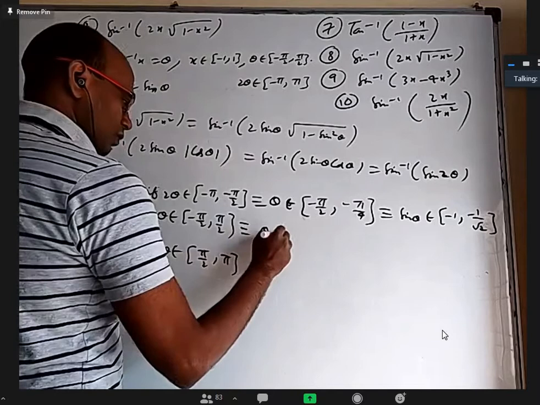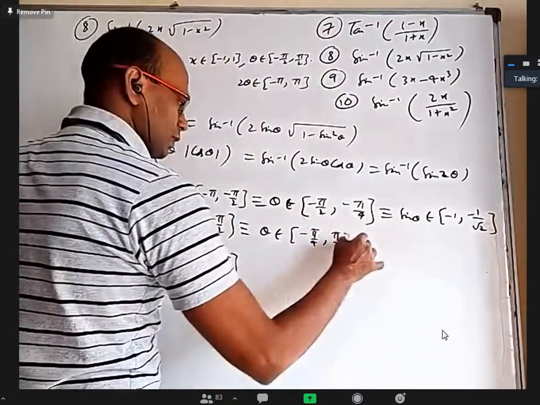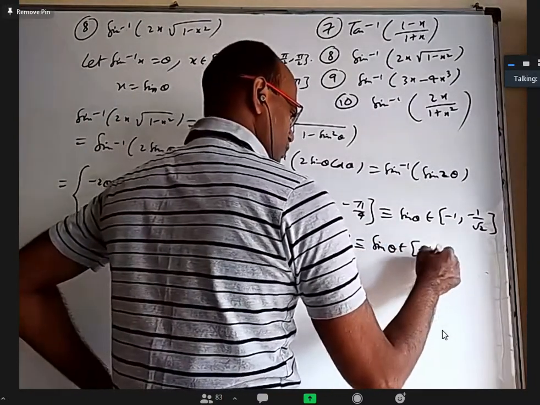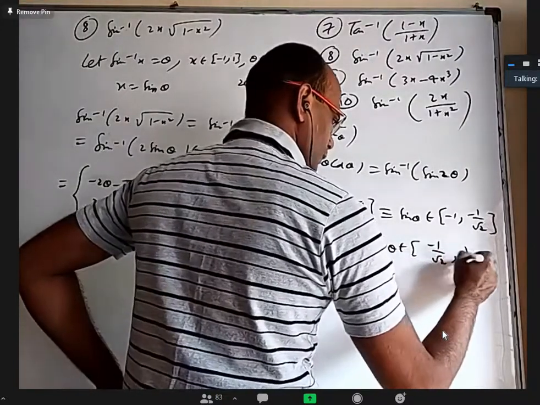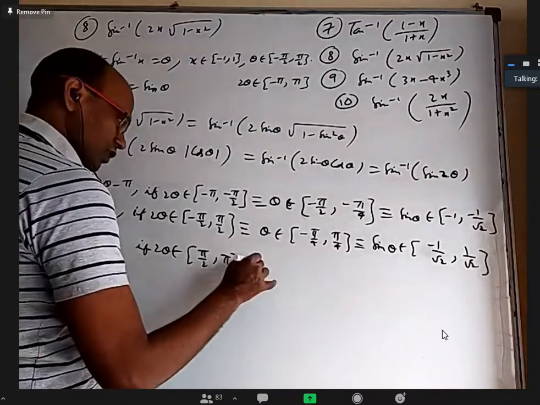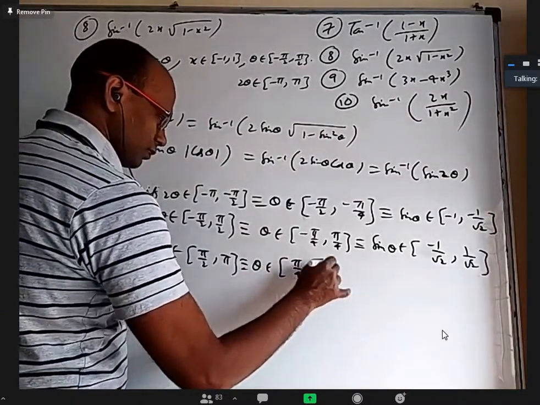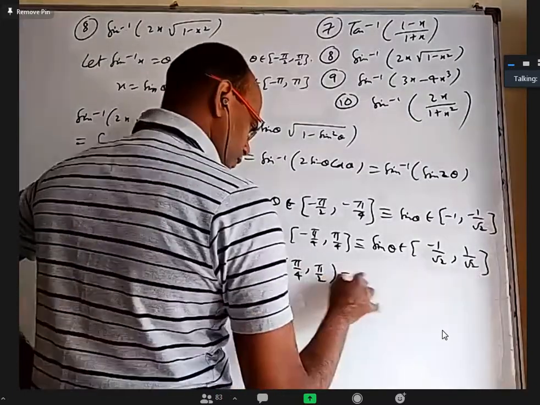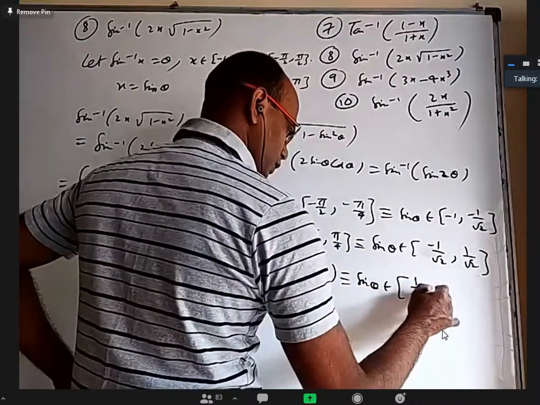This is theta belongs to minus π by 4 to π by 4, which is equivalent to sine theta which belongs to minus 1 by root 2 to 1 by root 2. This is equivalent to theta belongs to π by 4 to π by 2. This is equivalent to sine theta belongs to 1 by root 2 to 1.